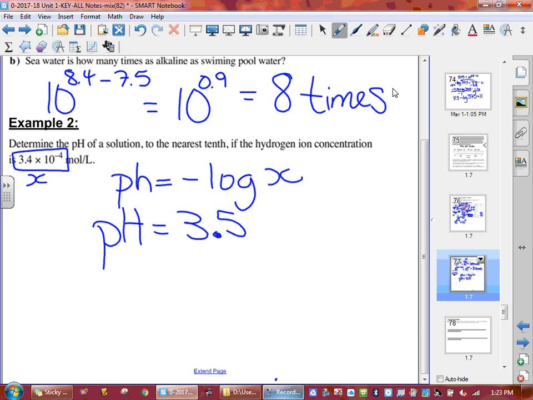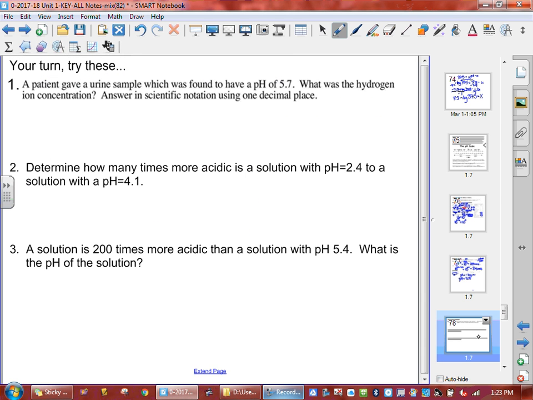It's pH equals negative log x. When they give you the pH and they want to know the hydrogen ion concentration, it's a quick switch. All you've got to do is put the negative over to the pH side.